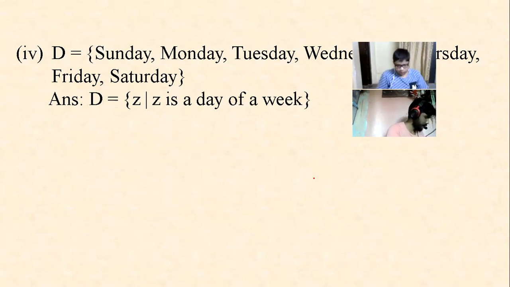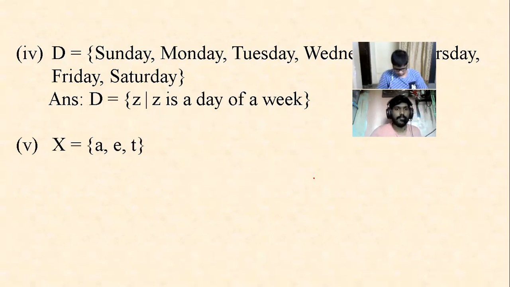Done, sir. Look at the next one. What can you see in this? X equals a, e, t. How will you say that in builder form? It's the same as the smile example. Yes, sir.